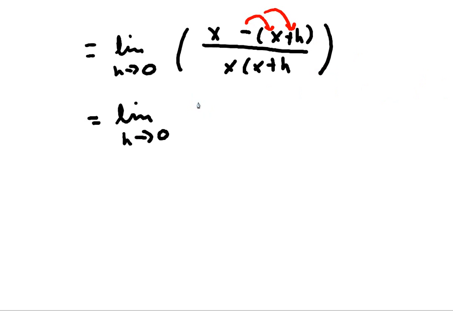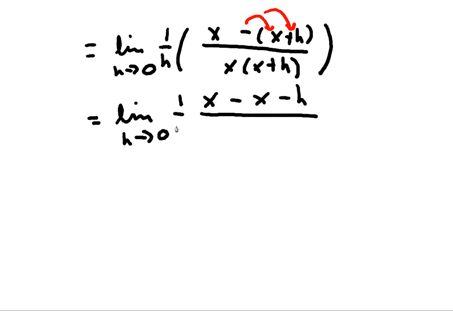Remember, what I'm doing here is distributing this negative sign to get x minus x minus h over x times x plus h. Now remember, I had a 1 over h here in front. If you look at a few seconds past in this video, you will see that there was an h there.